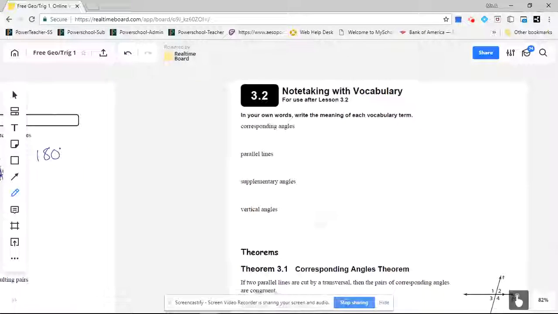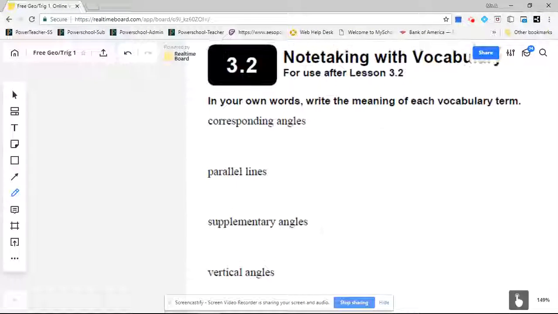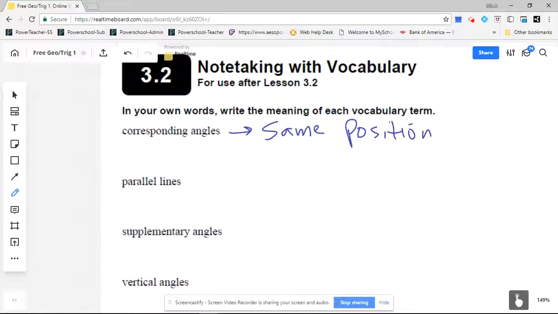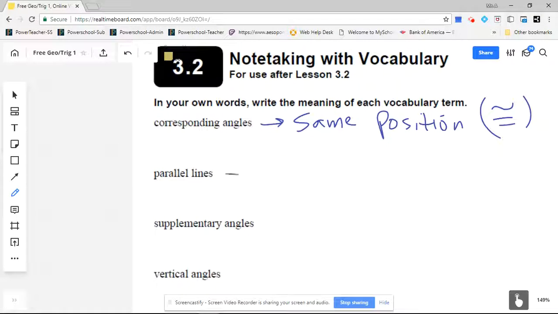If you look at the vocab, it's just really super brief. Corresponding angles, same position, and put congruent because they're always going to be congruent. Parallel lines are going to have the same slope. They're going to always go the exact same direction. Supplementary angles, we already know that they add up to 180.